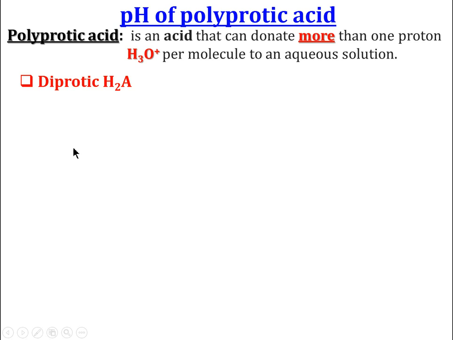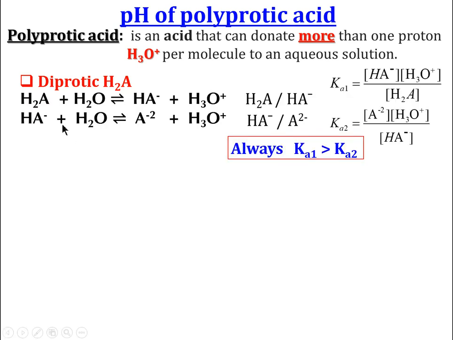What would happen when H2A is a weak diprotic acid in water? H2A will dissociate in water partially to give HA minus and H3O plus. Then HA minus reacts with water to give A2 minus and H3O plus. The couple involved in the first reaction is H2A, HA minus, and in the second is HA minus, A2 minus.